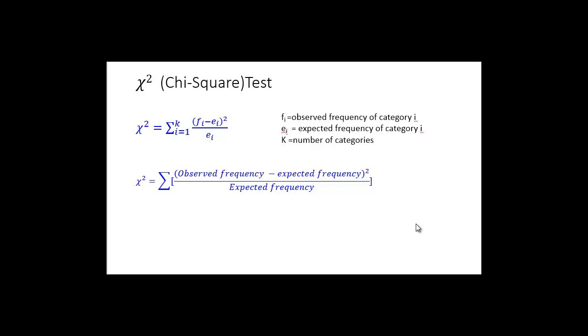For example, our expected frequency for two parts of a population might be 50% if we hypothesize that the two levels are not different. So if the observed frequency is different than 50%, the difference will be squared and then divided by the expected frequency. That's the formula to calculate the chi-square number.